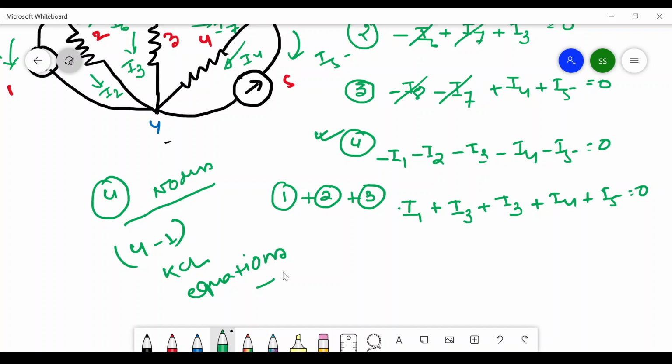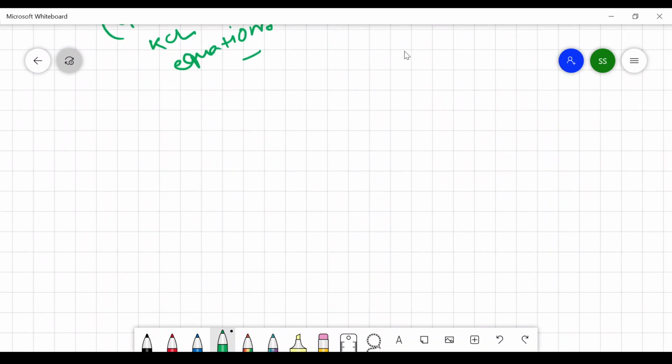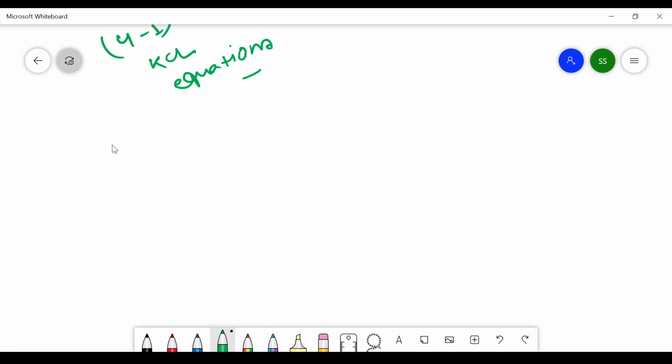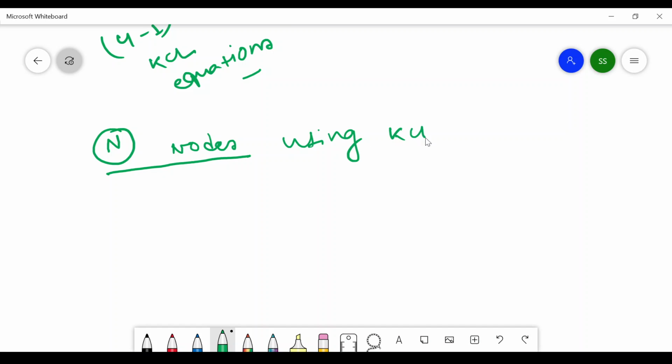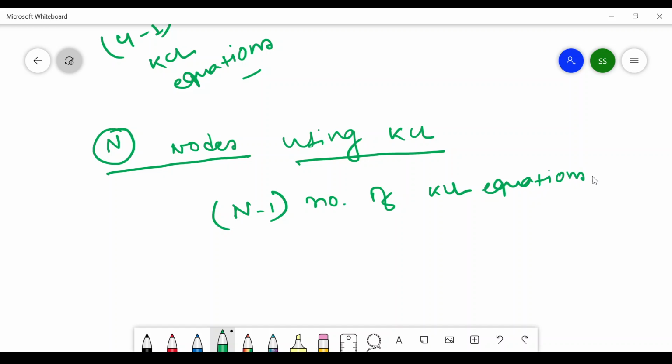Okay, so if a circuit has n nodes, then using KCL we will have n minus 1 independent KCL equations.